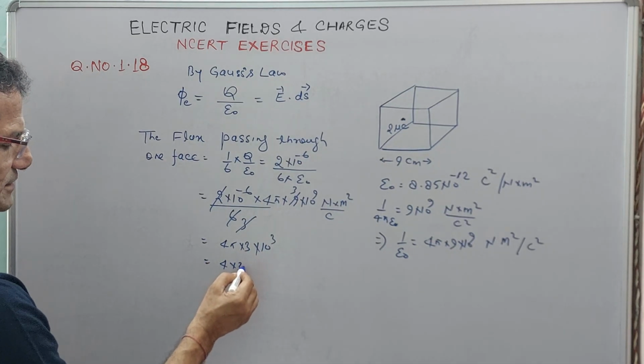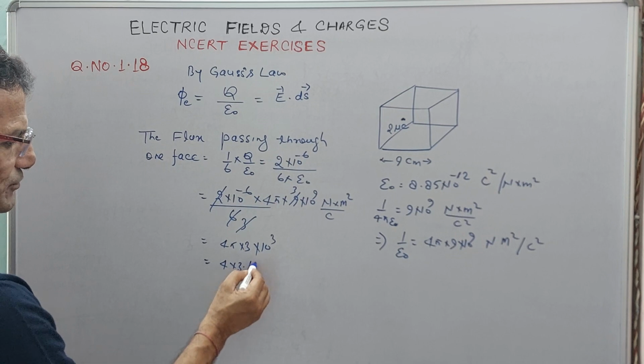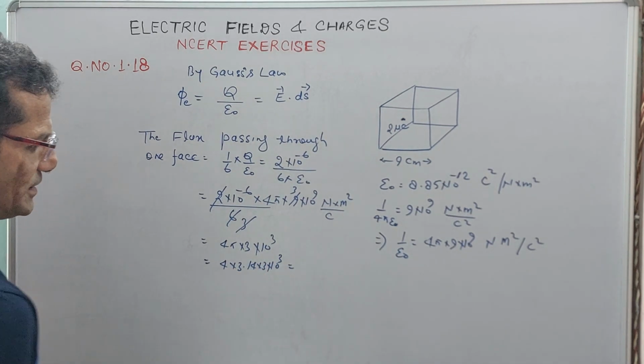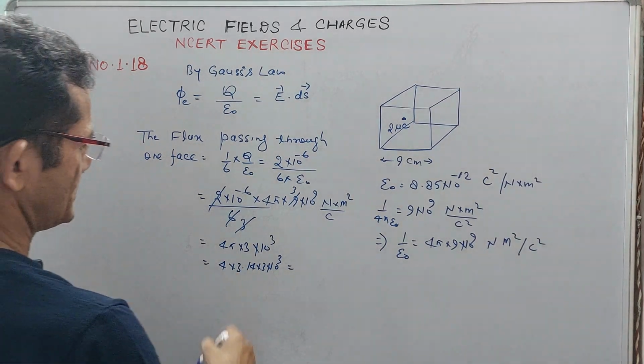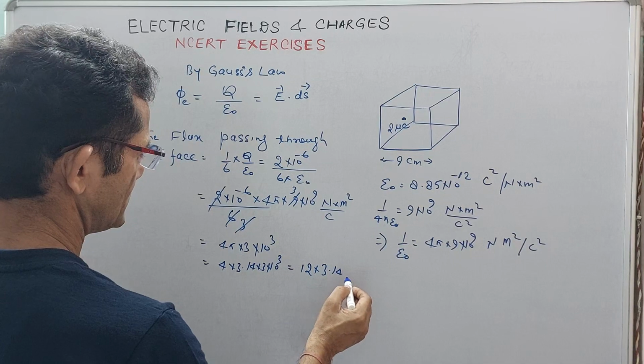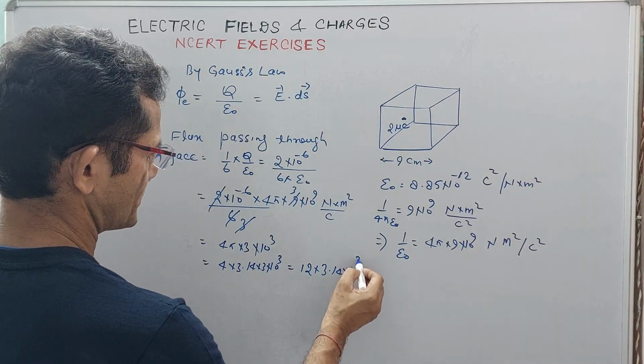4 into 3, pi has the value 3.14, so 12 times 3.14 into 10 raised to the power 3.